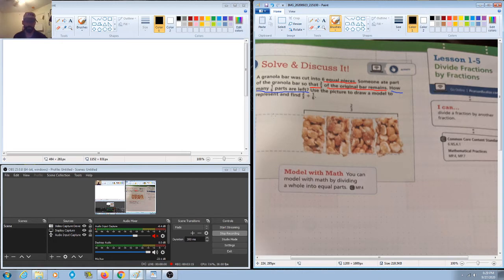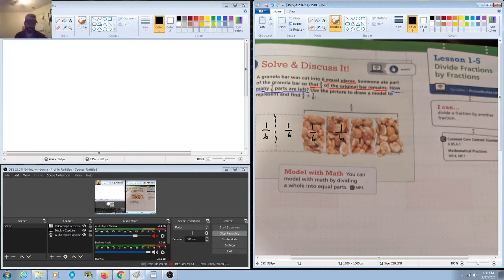The first sentence says it was cut into 6 equal pieces. As we see, there are 4 pieces of granola here. I'm going to represent 2 more pieces, but they're gone. It's still important to represent that, because originally we had six 1/6 pieces, giving us a whole bar. So I'm going to represent each of these as 1/6 as well.